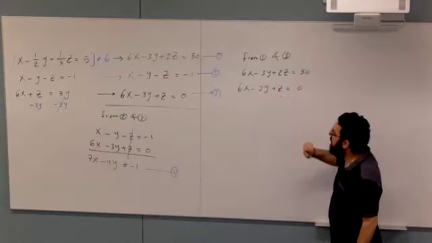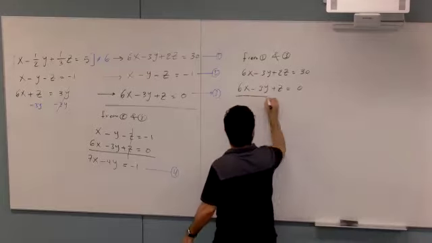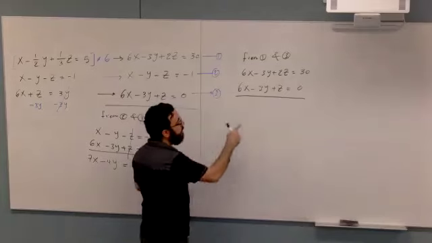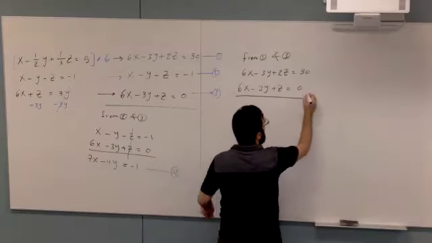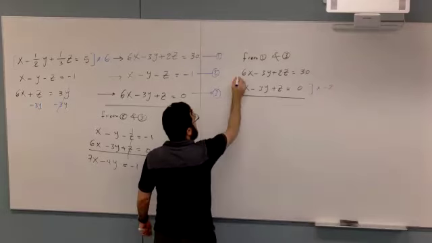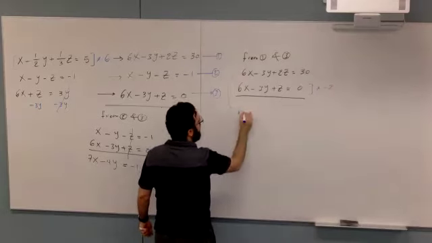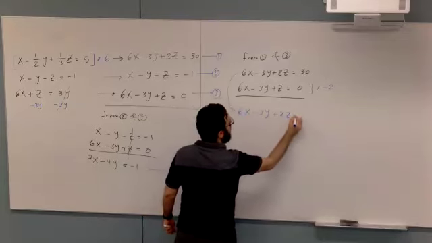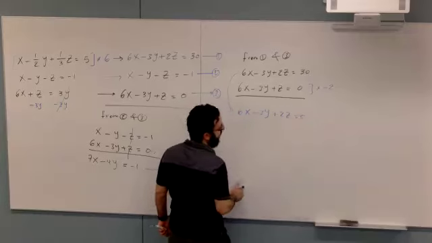Okay, that means I have to focus on which one? Z. How am I going to cancel the z? -2. Which one? The second one. So I'm going to multiply the second one by -2. That means the first equation, 6x minus 3y plus 2z equal 30.